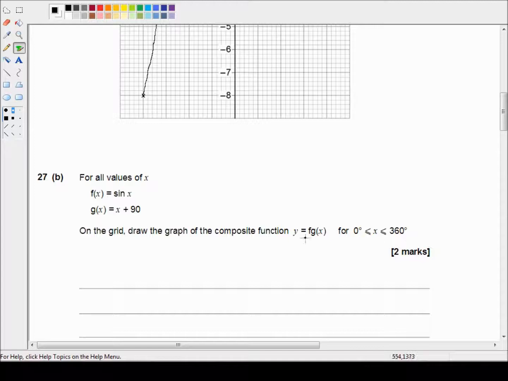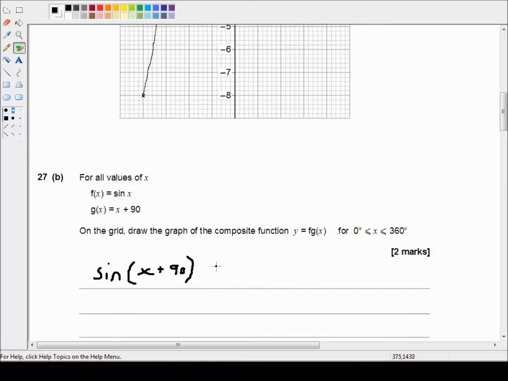Okay, so fg of x, so f of x is sine x, so this is the sine of g of x. So g of x is x plus 90. So that is fg of x.